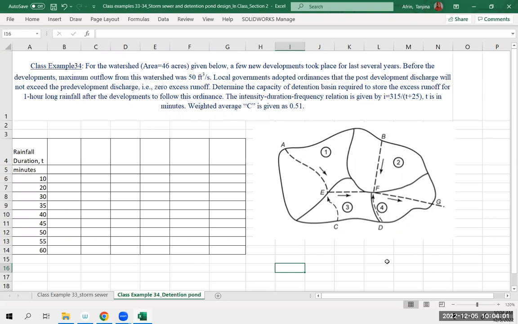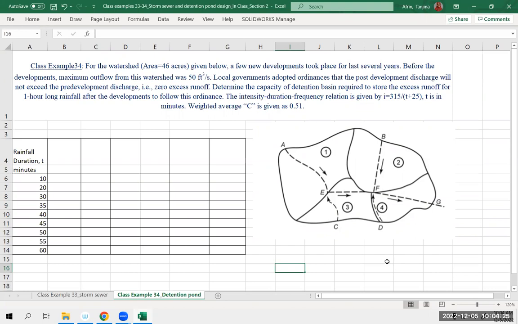Determine the capacity of the detention basin required to hold excess runoff for a 1 hour long rainfall after the development. The intensity duration frequency relation is given by I equals 315 over t plus 25, C is the weighted average C given as 0.51.